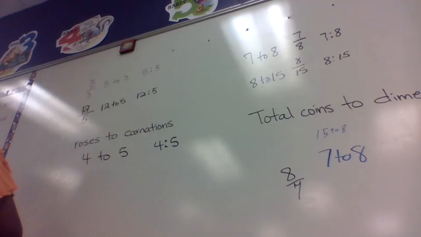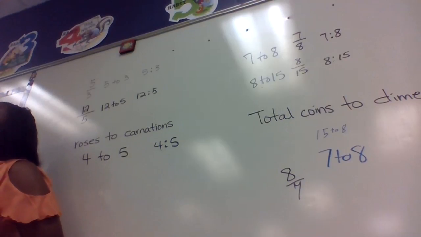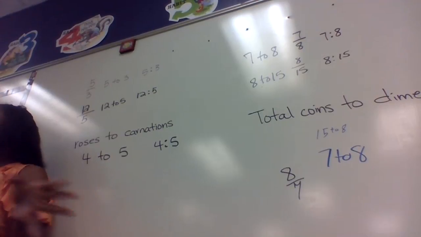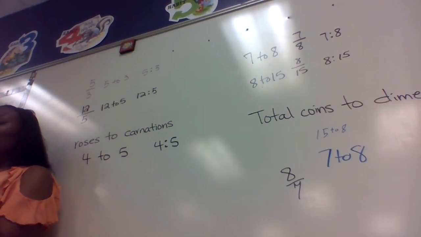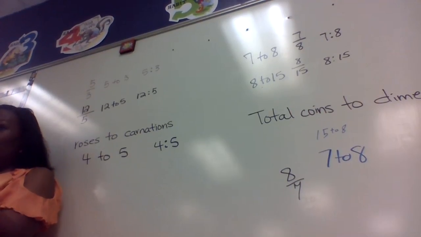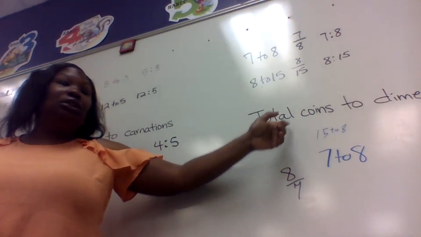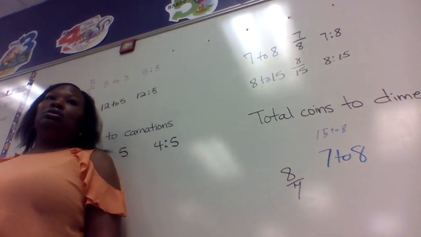Unless you write it wrong, like if she had written 7 to 8, it would be wrong because it didn't ask for that. Remember, I told you, whatever word is first, that number has to go with that word. Just like I said, total first, your total has to come first.